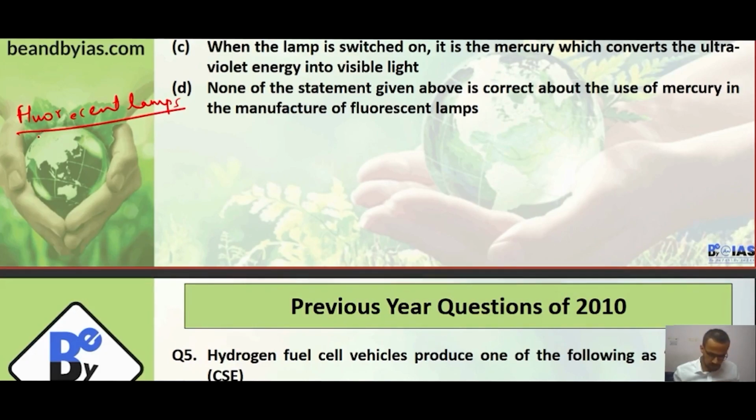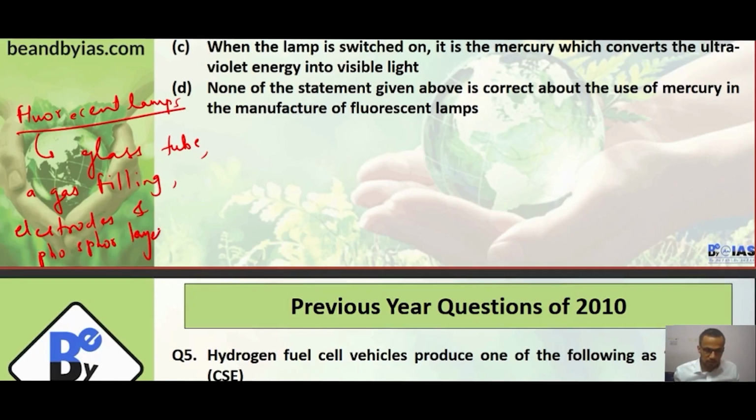So what are these lamps? These are lamps that consist of a glass tube, a gas filling, electrodes, and a phosphor layer. Fine.